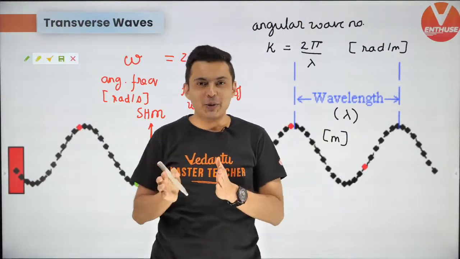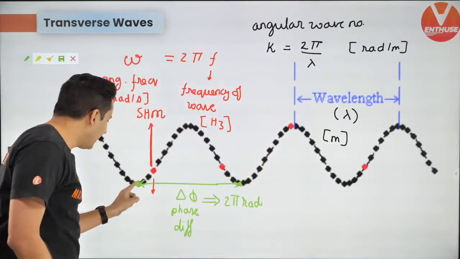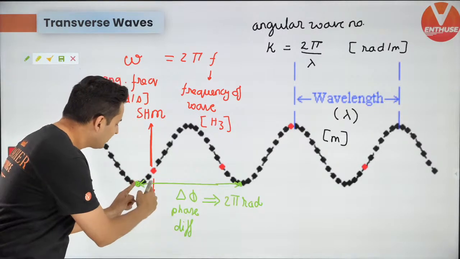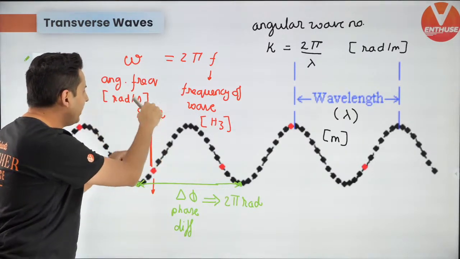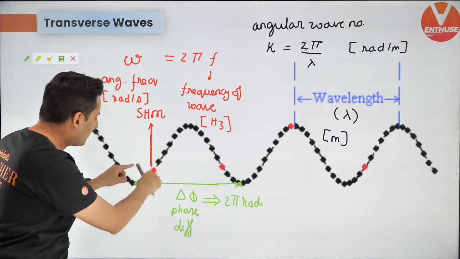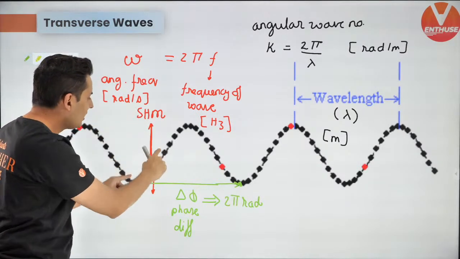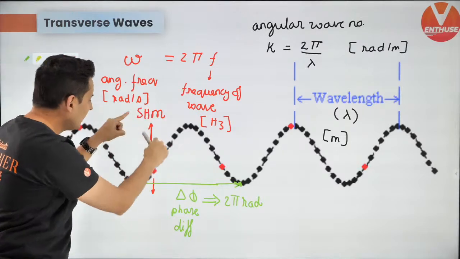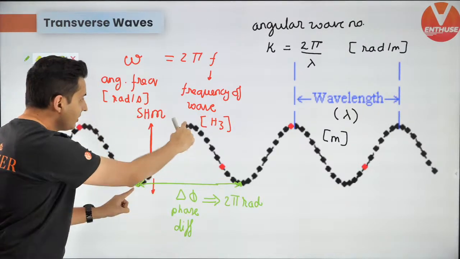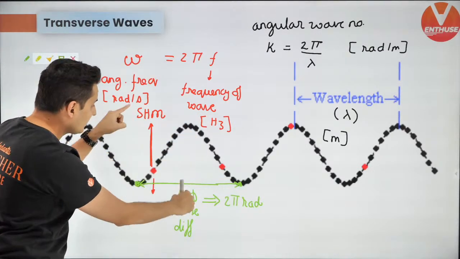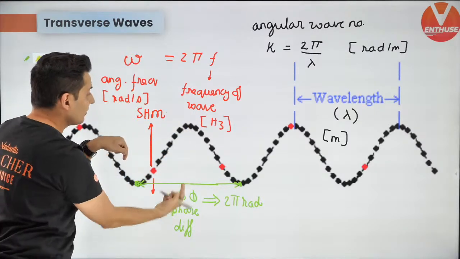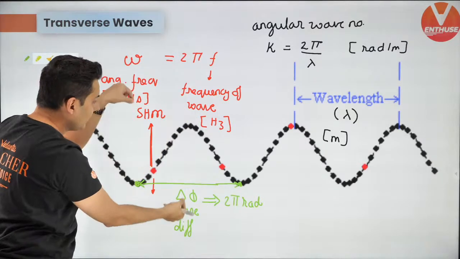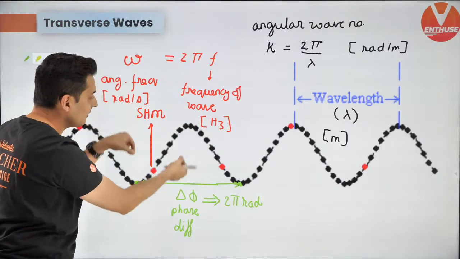Understand, when I go from one point to the next point, there is a small phase difference because these 2 things are not going up and down simultaneously. There is maybe a phase difference of 5-10 degrees. This particle and this particle, there is some more phase difference. This particle and this particle, there is probably opposite. They are out of phase. If one is going here, this one is going here. So 180 degrees or pi radians of phase difference.